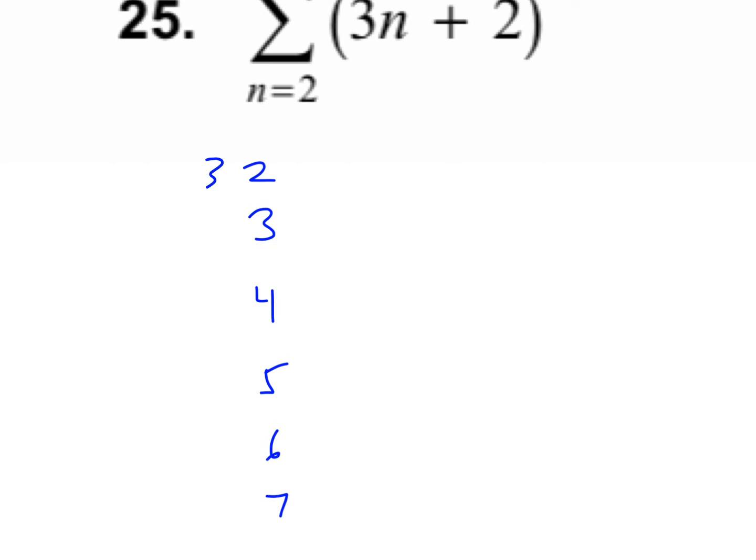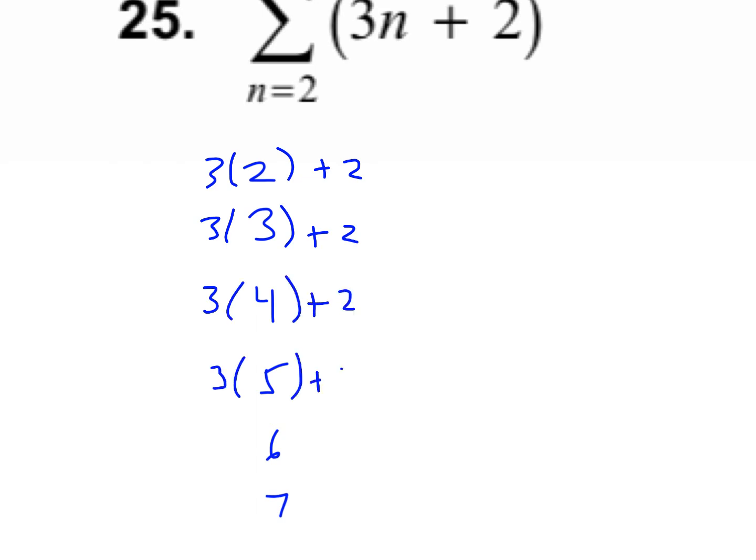So we have 3 times 2 plus 2, 3 times 3 plus 2, 3 times 4 plus 2, 3 times 5 plus 2, 3 times 6 plus 2, and 3 times 7 plus 2. 3 times 2 plus 2 is what? 8. 3 times 3 plus 2? 11.